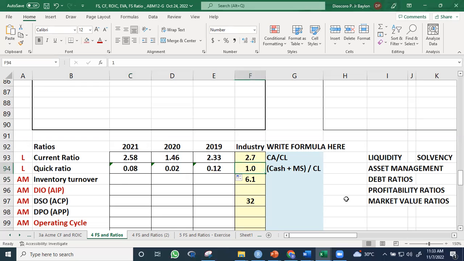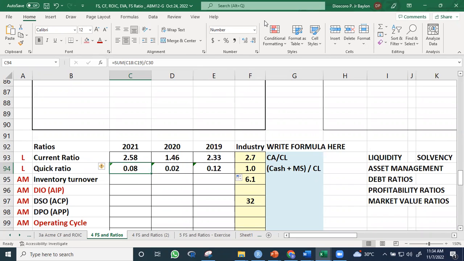Sa industry, ang average 1. So 1:1 lang yung industry, no? Sufficient lang yung cash, enough just to pay the current obligations. But the company, okay, hindi nga umabot ng 10 centavos. Only 8 centavos, okay, ang available cash to pay a 1 peso of debt, current obligation.